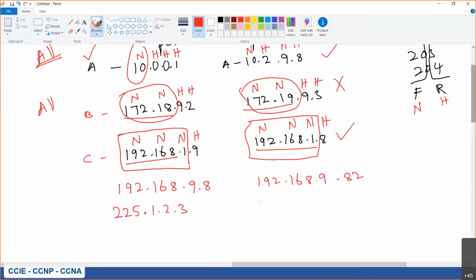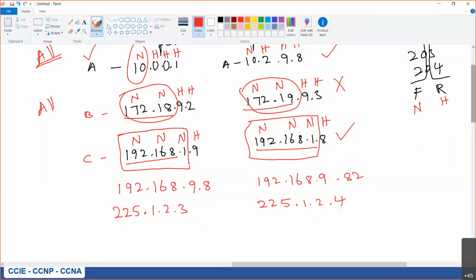225.1.2.3 for the neighbor computer, 225.1.2.4. Will they communicate? But this is reserved, sir, already.